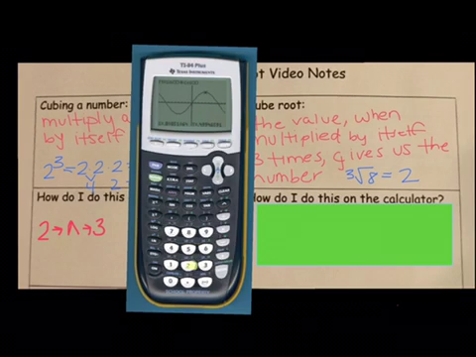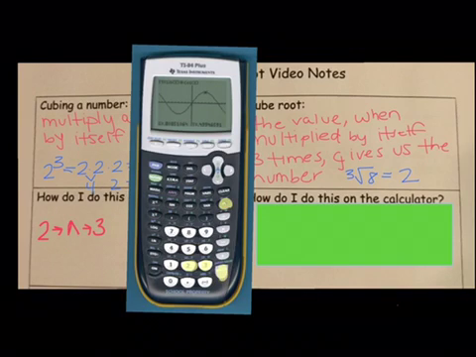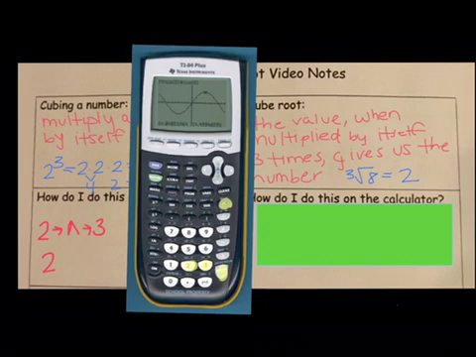You would do 2, then the caret, then 3, and then press enter. When you do that, you should get 8. This is just like doing 2 to the third power, and that should equal 8.